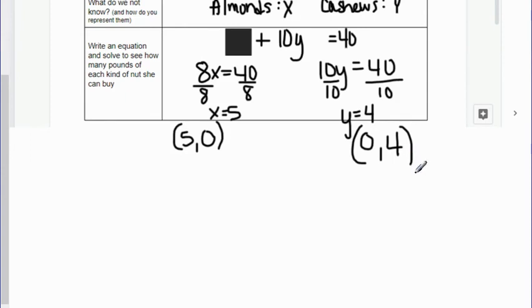It says, what do your answers mean? So what does X stand for again? In this case, remember, X comes first and Y comes second. So we would have 5 pounds of almonds and if we had no cashews.